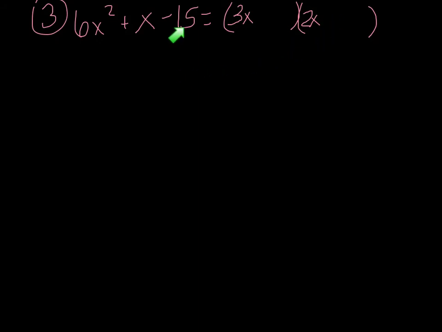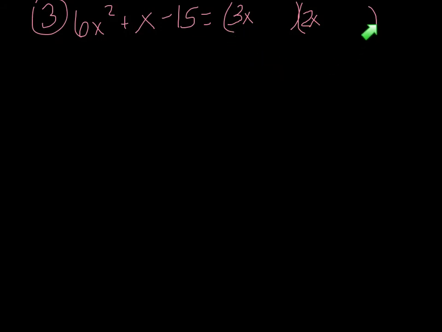With 15, I've got 15 and 1, or 3 and 5. I'm thinking 3 and 5 since I only need to add to 1, but let's see if I can make it work. So if I put the 3 here, it would multiply by the 3x to get me 9x. Then I'd have the 5 left for here, times the 2 would give me 10x.